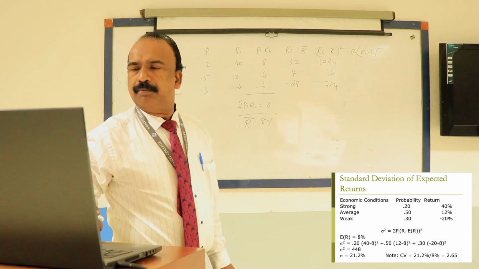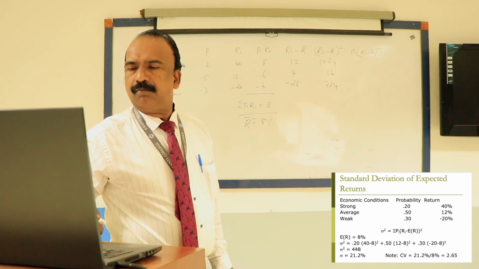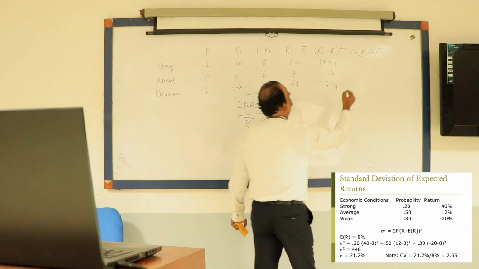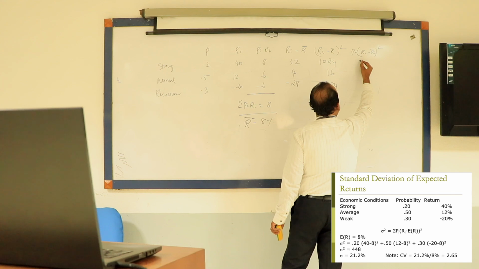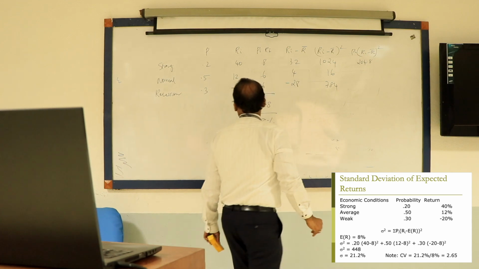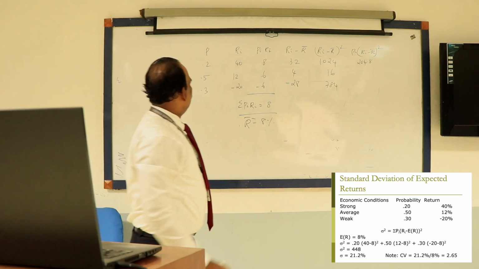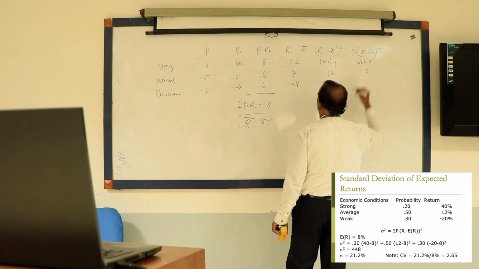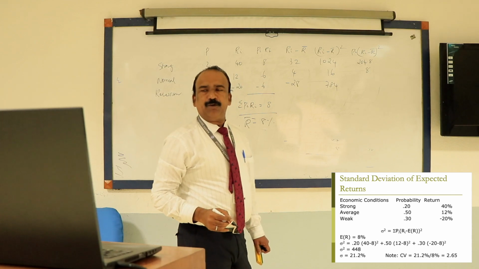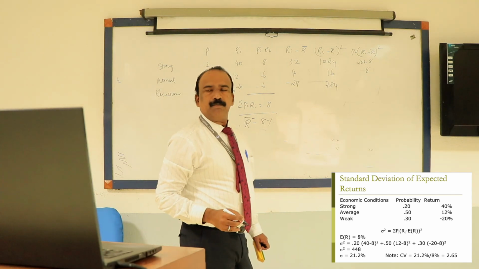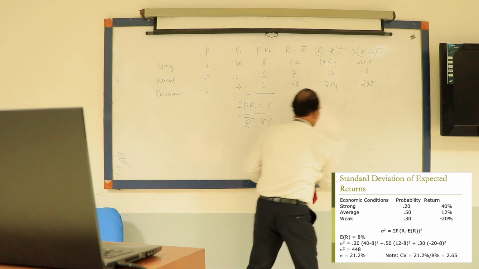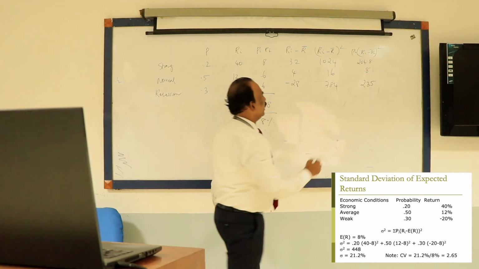1024 into 0.2 comes to 204.8. Then 16 into 0.5 is 8. Then 784 into 0.3 is 235.2.